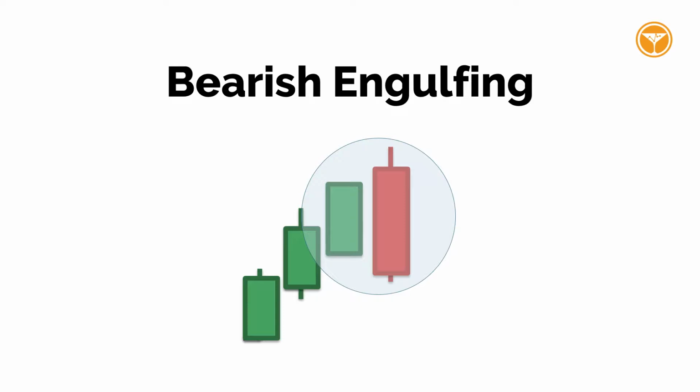What I mean by that is if the green candle had a wick up here and potentially a wick down here, this would still be an engulfing pattern because the body of the candle engulfs the body. So what we're looking for in these candles is body coverage, not wick coverage.